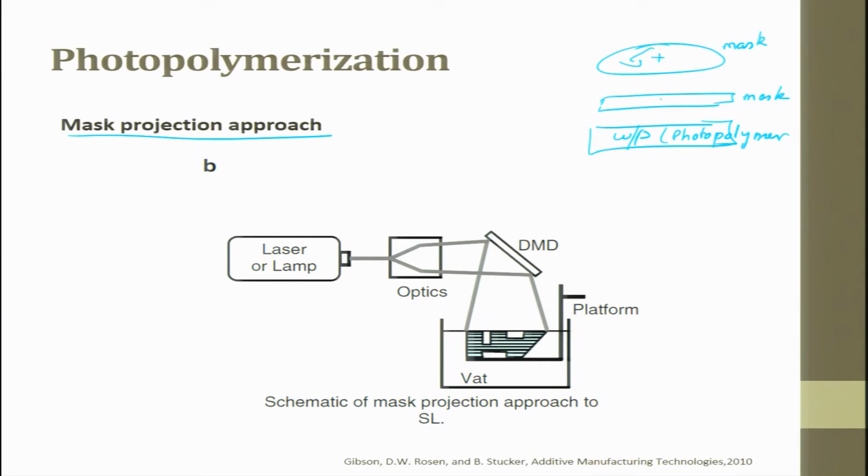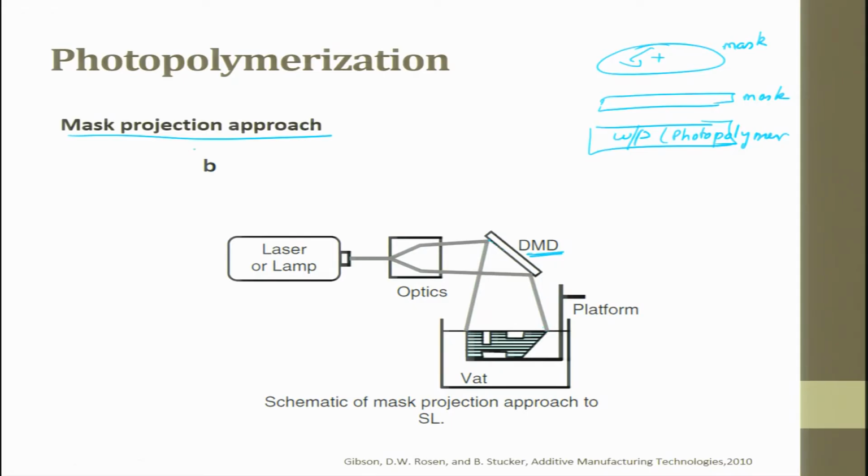But due to recent developments in electronics, we have DMDs. In a DMD, you have small mirrors placed like a galvo. The laser light passes through the optics and gets exposed, and this DMD exposes the complete layer as though there is a mask on top of it, the complete layer on top of the photopolymer thin film, or whichever liquid is there, and cures it.